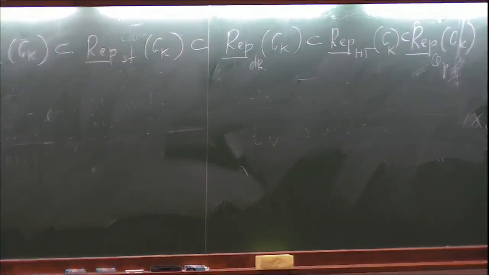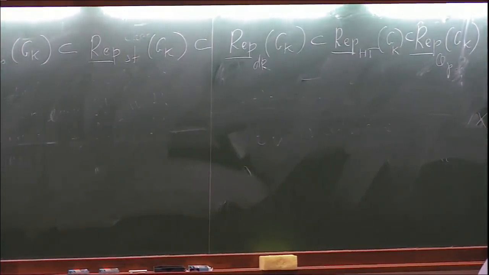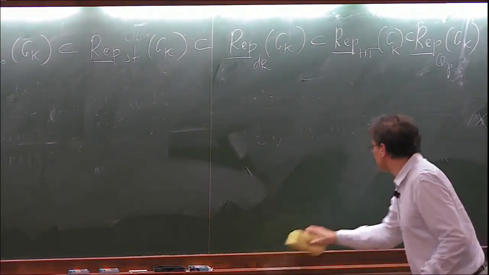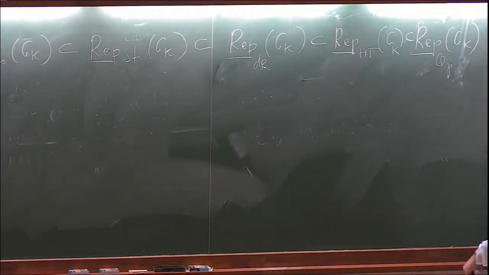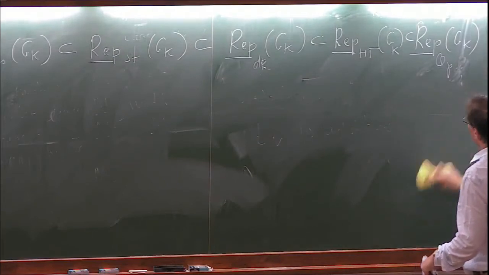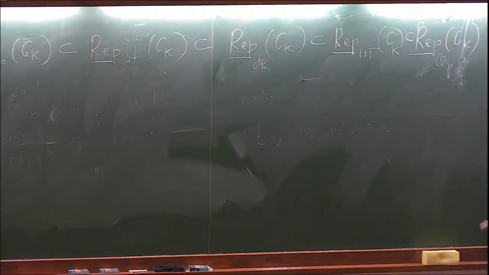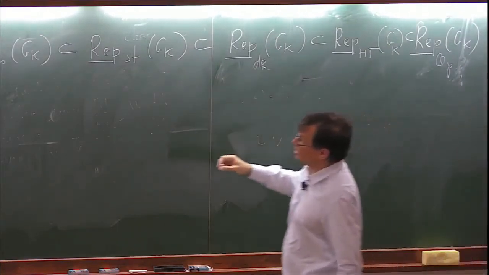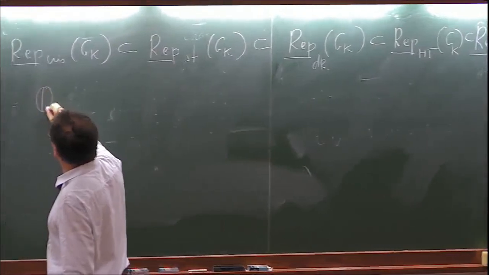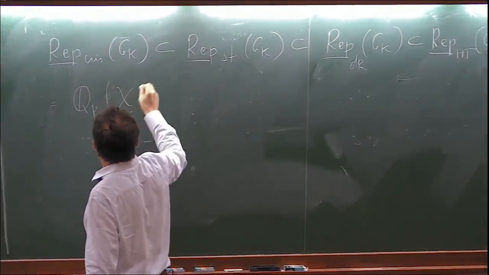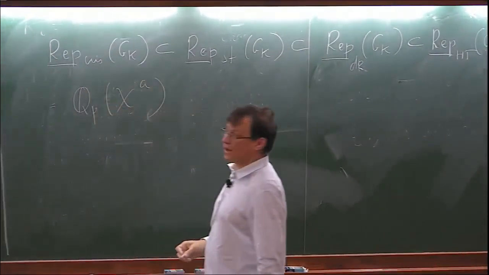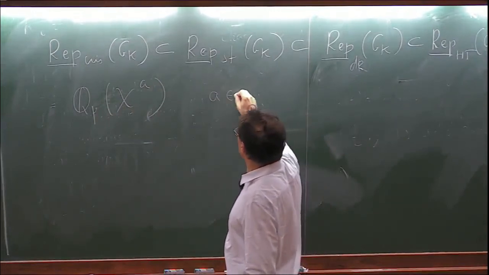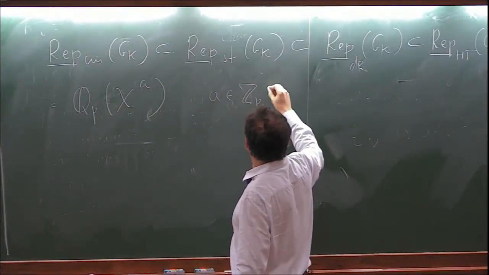So just some comments. It's easy to construct a p-adic representation which is not Hodge-Tate. For example, taking a p-adic power of a cyclotomic character where a is not an integer.